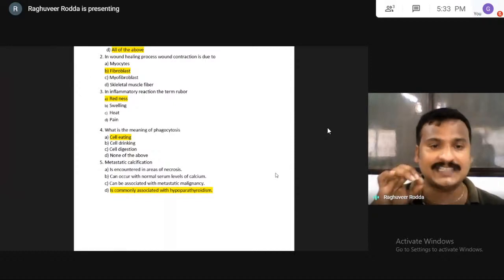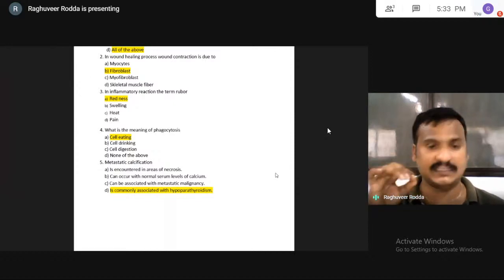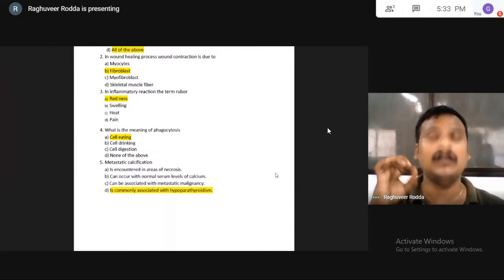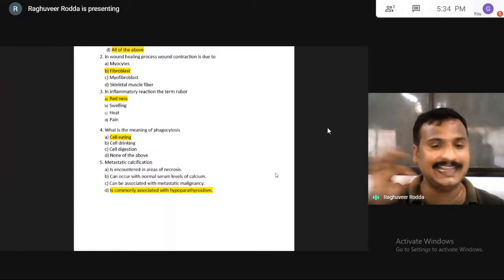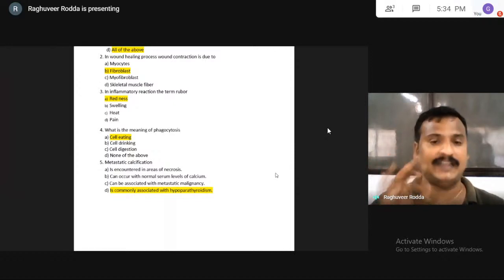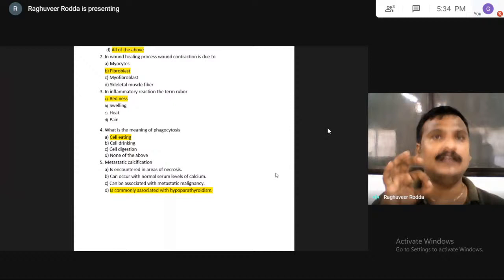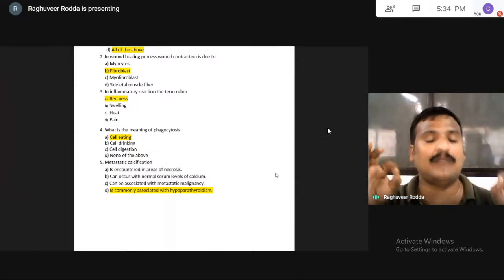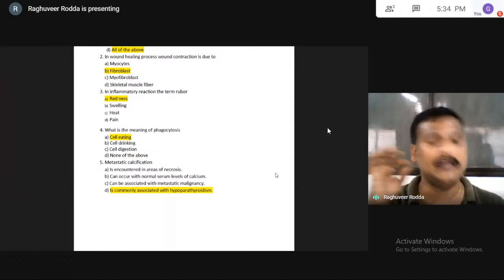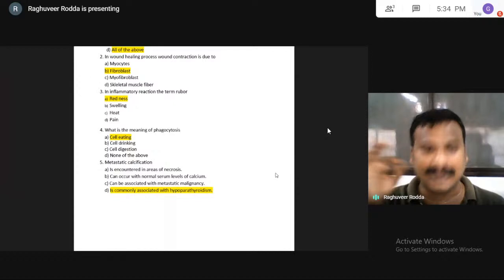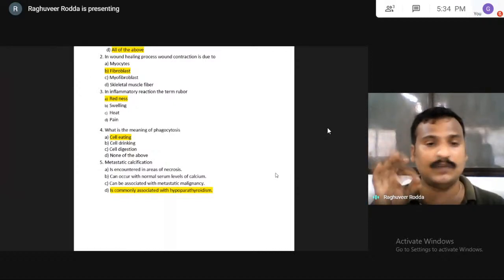Then metastatic calcification. In conditions like hypoparathyroidism, when there is resorption and decalcification of the bones, or when the serum calcium concentration is high, the calcium is going to deposit in normal cells.